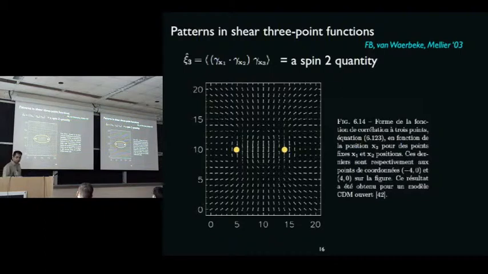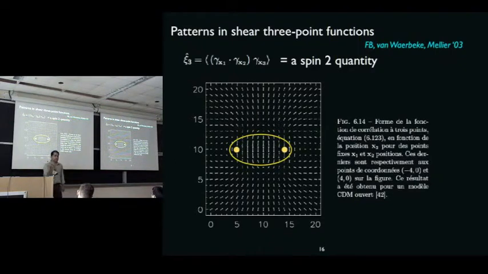Let me be a bit more explicit. What we use to measure the amplitude of the three-point function is that we average this quantity in this region, just because there the signal appears to be regular and basically uniform. So you take this uniform region, average it out, and you've collected all the information in one number.